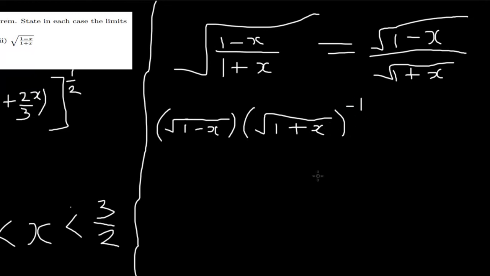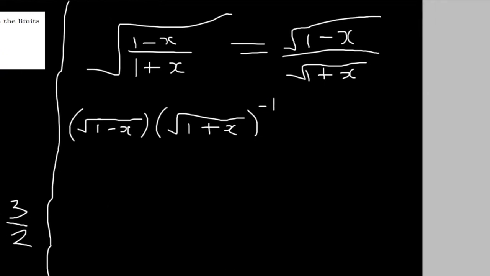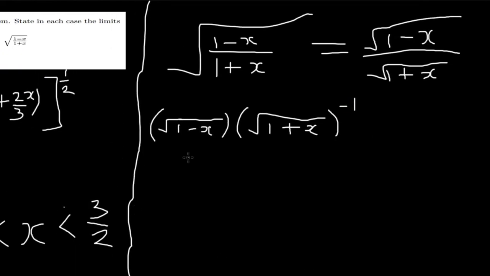So this one can also be written as what? This one can also be written as this 1 plus x, oh sorry, 1 minus x to the power half, then multiplied by 1 plus x to the power negative half, like that.